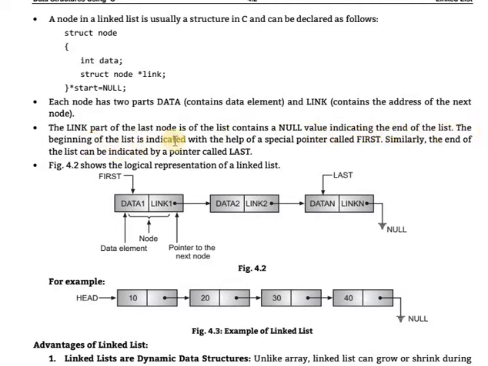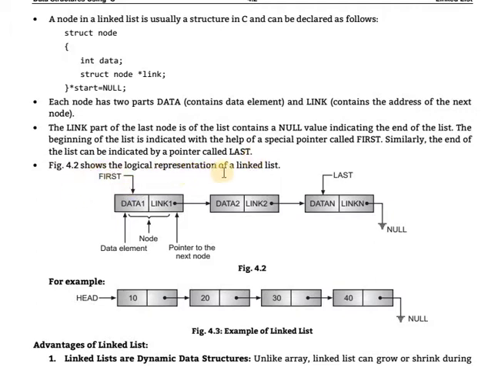The beginning of the list is indicated with the help of a special pointer called first. Similarly, the end of the list can be indicated by a pointer called last. So the beginning of the list is indicated by first, and the end of the list items is indicated by last.